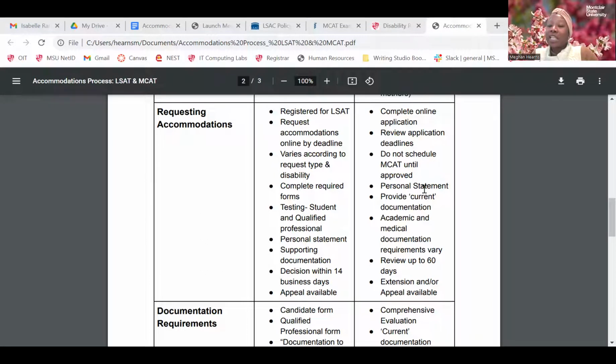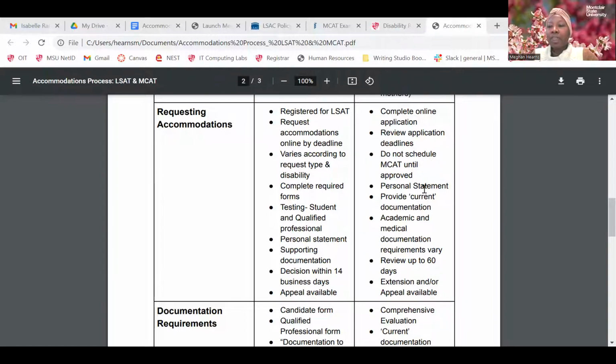You may also need to provide additional information in terms of your academic records, medical documentation, and evaluations may also need to be submitted along with that application. As I said, the review for MCAT takes up to 60 days. You can request an extension and you can appeal a decision if your application or request is denied.